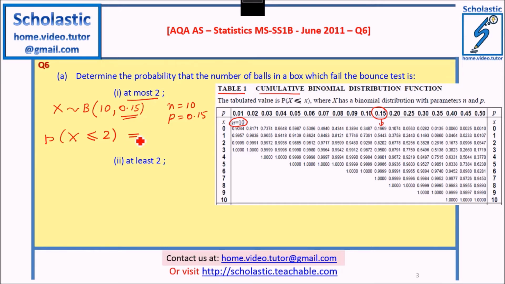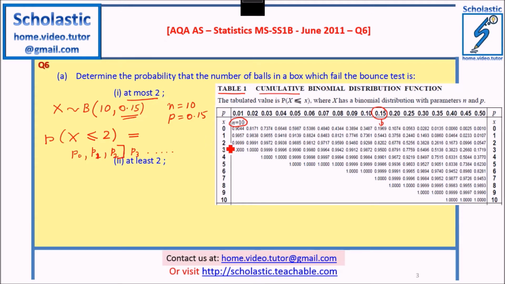There can be P0, P1, P2, P3, that is 0 failures, 1 failure, 2 failures, 3 failures, like that. There can be many failures, but at most 2 failures means up to 2 failures. What is the probability?